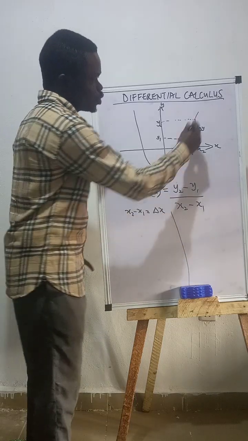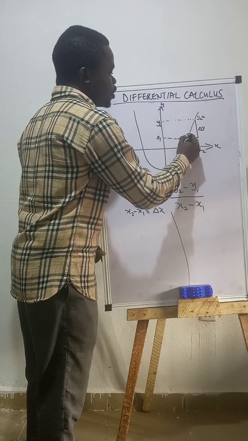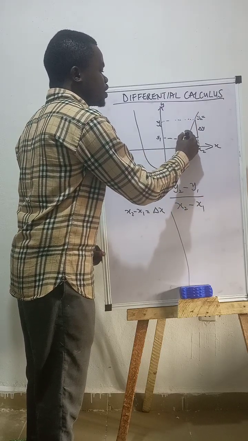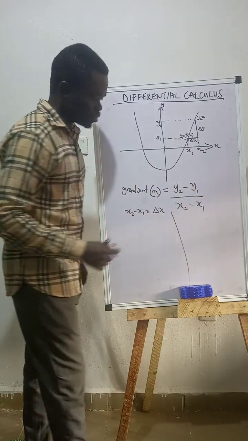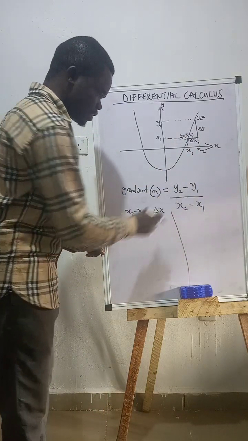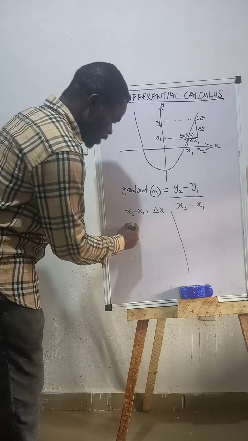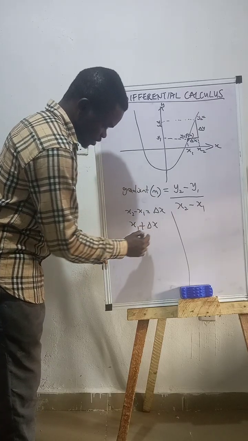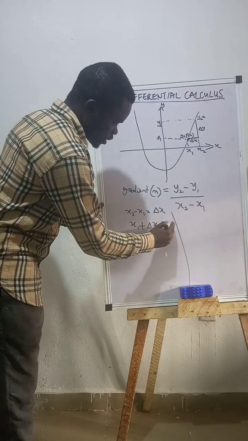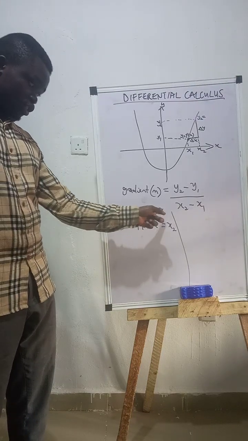But y2 at this point has a value. y1 at this point is generally called f(x). But y2 now, we can also say that x1 plus change in x gives us x2. We just did an exchange.